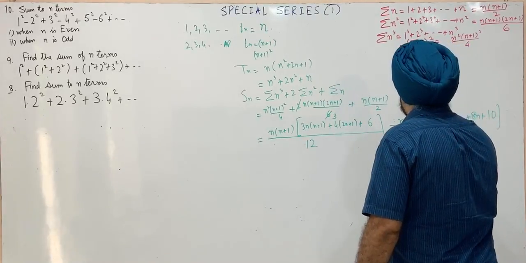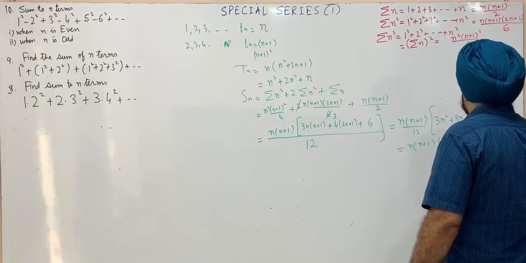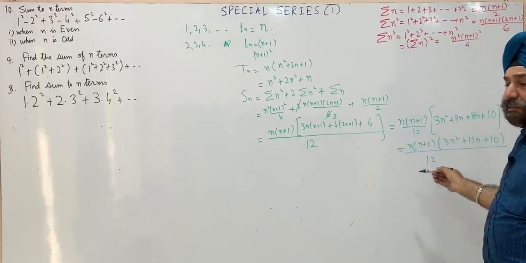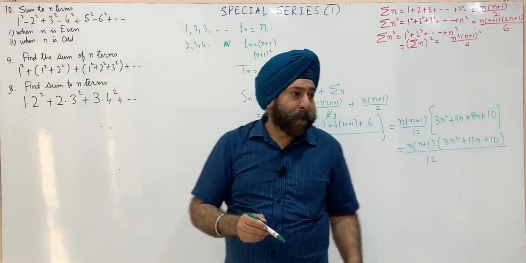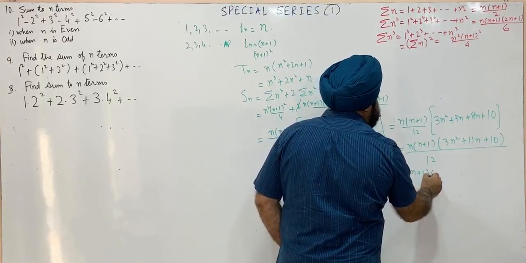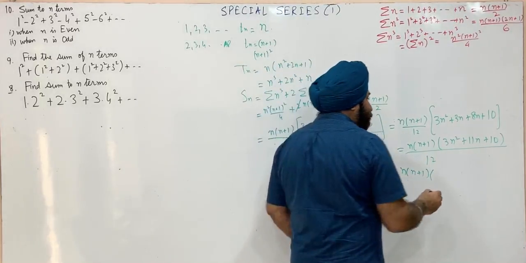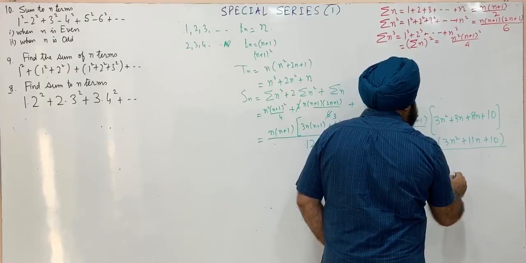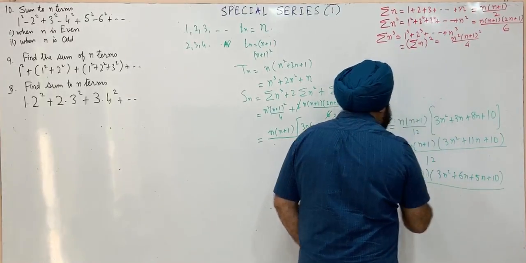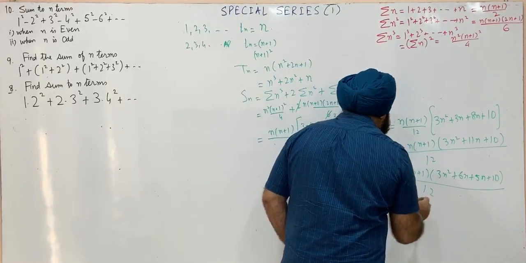This is n into n plus 1, 3n square plus 11n plus 10, divided by 12. We can factorize this. This is n into n plus 1, and we can split up 11n as 6n plus 5n, 3n square plus 6n plus 5n plus 10 upon 12, and then we take 3n common.